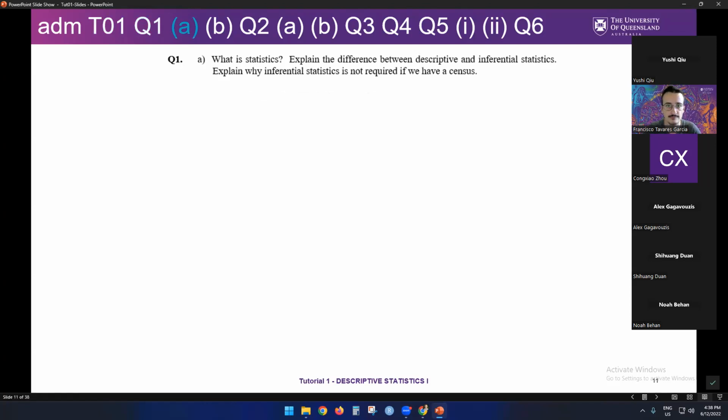So, guys, would you like to jump in, open your mic and try to explain what is statistics? Or I'll give you one option: if you look at the top of your screen, there will be a button saying annotate. If you click that, it will give you a few options, and you have an option to write on the screen.